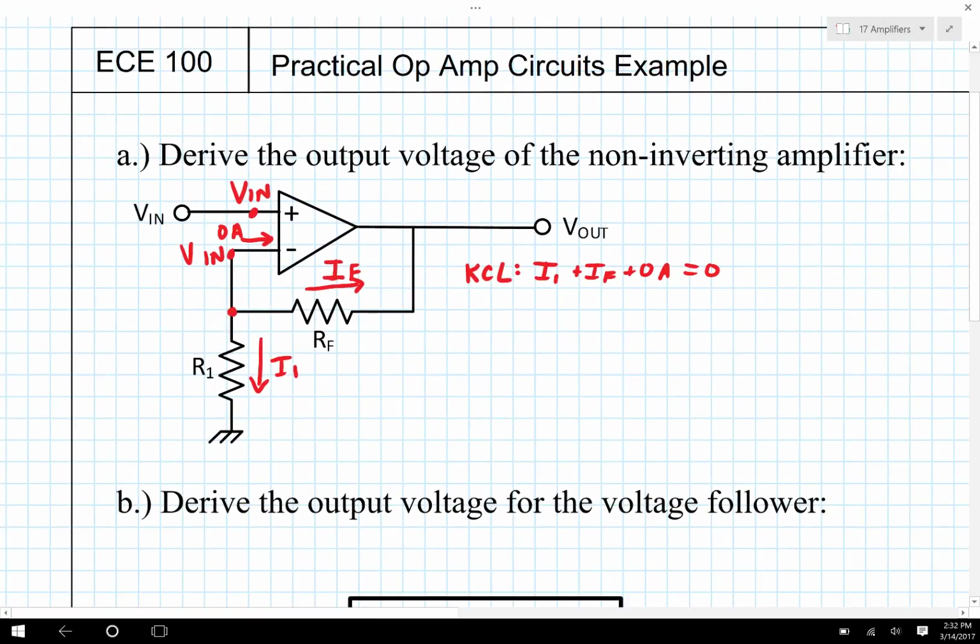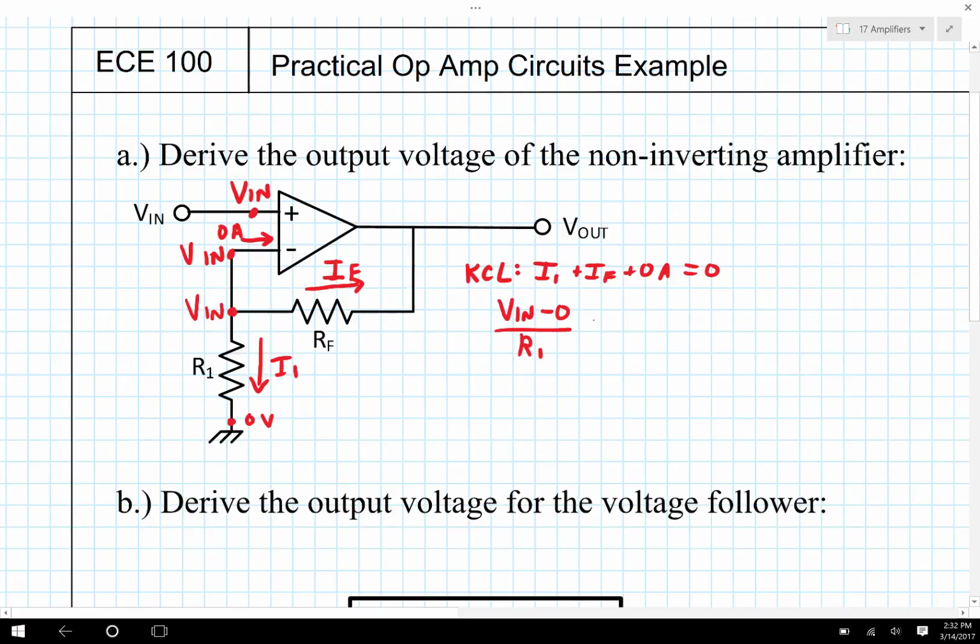Now I can rewrite the I1, because I know that this terminal right here is Vn, and so I know that this terminal right here is 0 volts. That's the reference node. So I can say that the current I1 is Vn minus 0 divided by the resistance, which is R1.